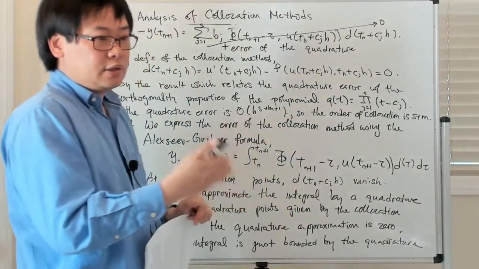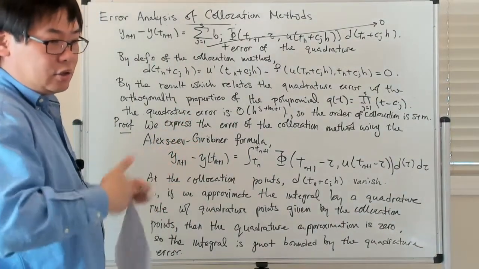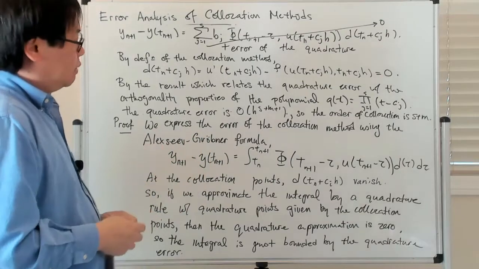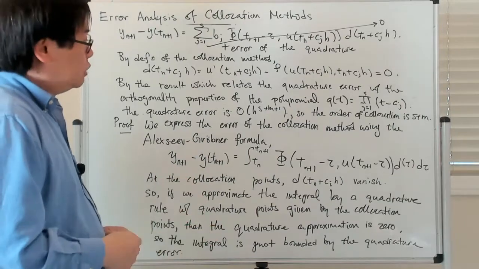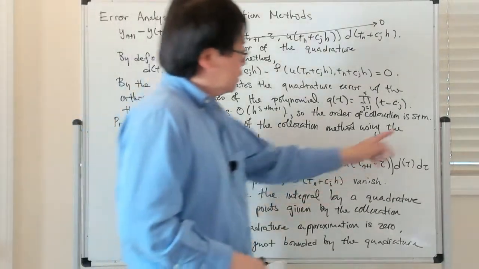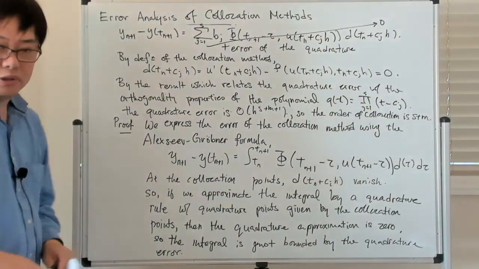You compute the inner products between Q of t and t to the k, starting with k equals 0. The more monomials Q of t is orthogonal to, the higher the order of the method, with the minimal order being s. That's a really nice result.